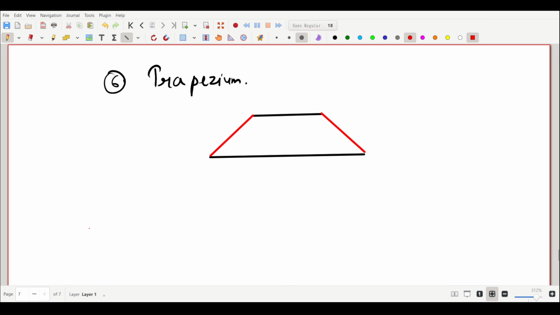The black lines are parallel. So a trapezium is a formation where only one pair of parallel lines exists. Let's name it AB and CD. So AB is parallel to CD.